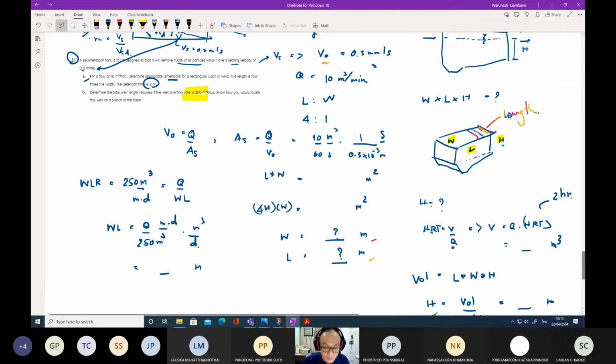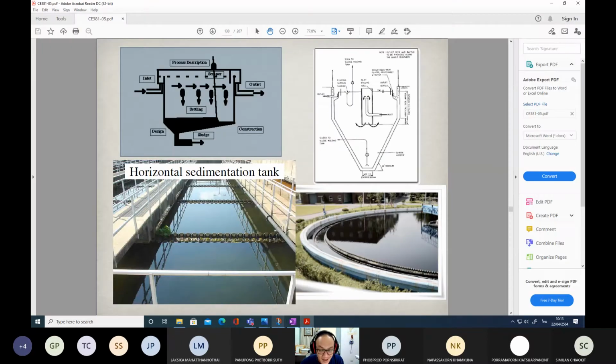So at the end, you have to show us how you would install this weir. Whether it will be something like this one, or if you have another idea for the installation of this weir, anyway, it should be located at the end of the treatment zones.